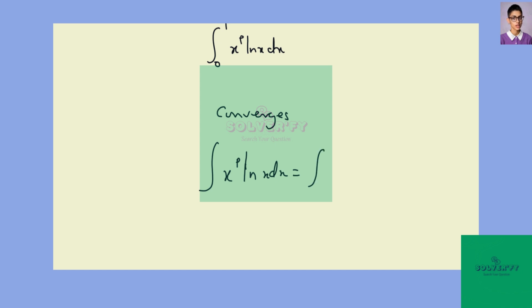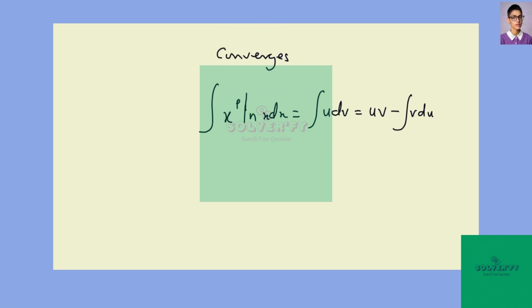So here we'll have the integral of u dv equals u times v minus the integral of v du. In choosing u and v, we would look at u as a function that can be differentiated.